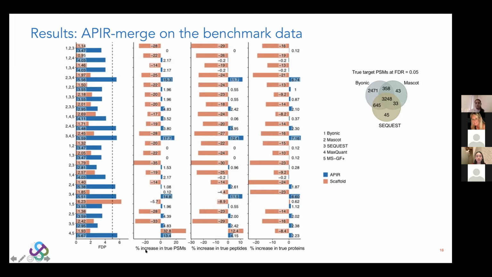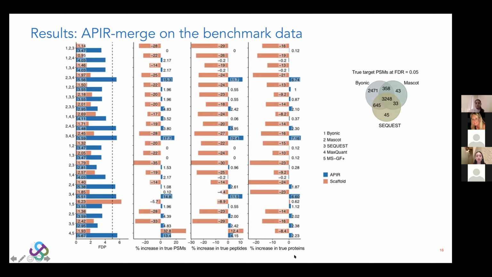However, in terms of power improvement, Scaffold cannot guarantee to identify more than the individual search algorithms, except for this case. APIR, on the other hand, can consistently improve power. And we also see similar comparison results in terms of peptides and proteins.